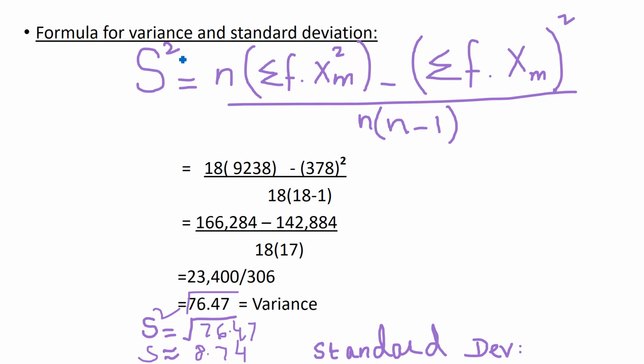If we are calculating the variance of a population, then we use sigma square, and for the standard deviation sigma. For the standard deviation of a sample it is only s, because we are taking the square root. So n is 18, and this is the summation of f times the midpoint square, which was 9200 from here.